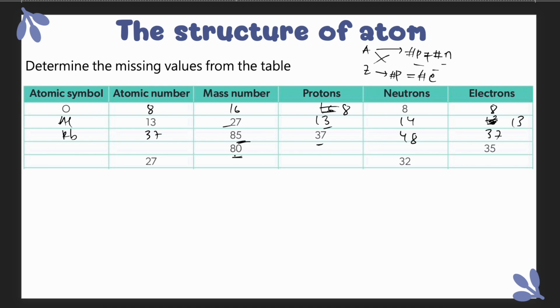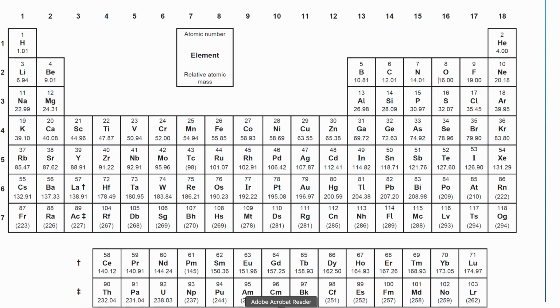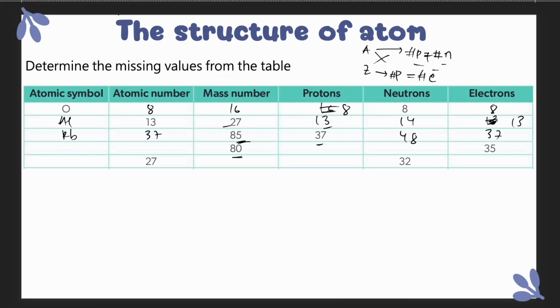Mass number 80, let's see on the periodic table. So 80 is Br, atomic number is 35. So atomic number 35, it's bromine, and protons are the same as the atomic number, 35. Neutrons, mass number minus protons, which is 45.